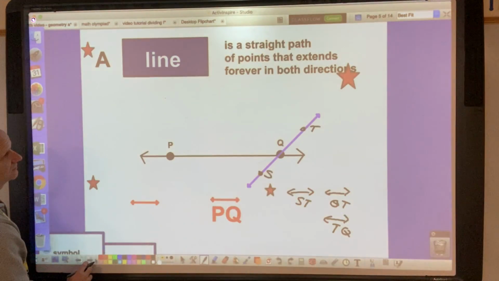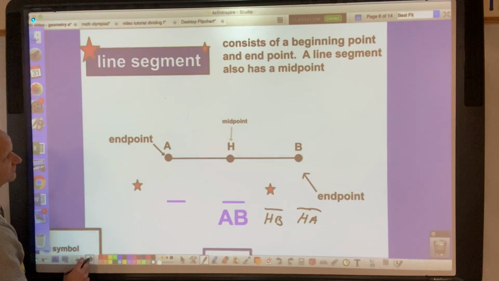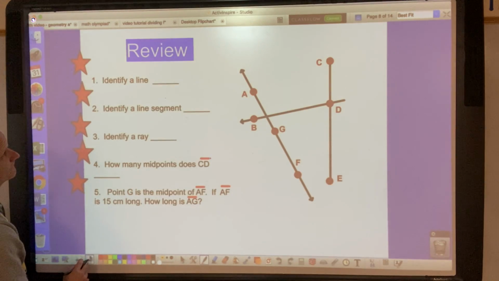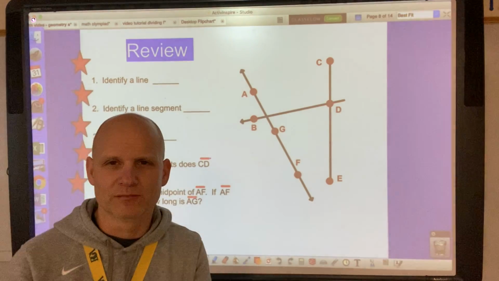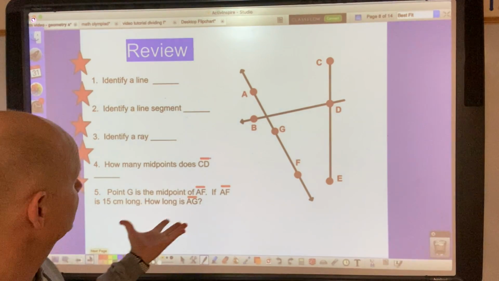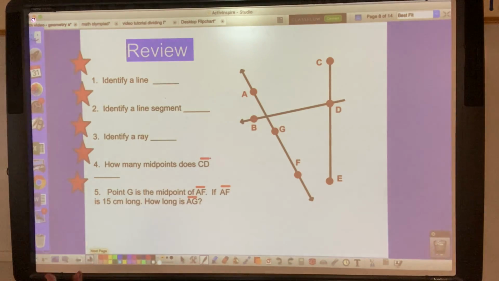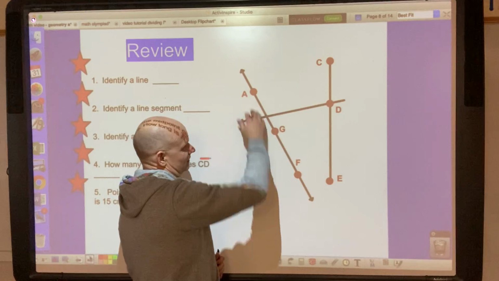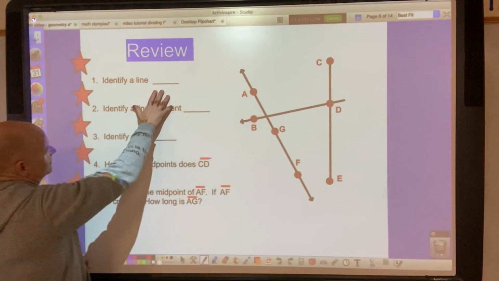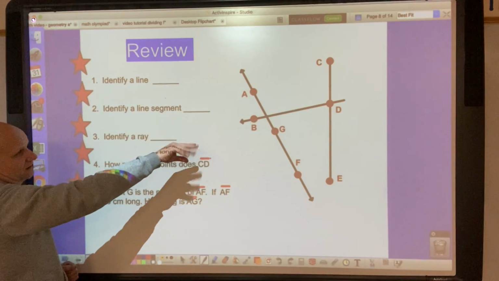And we are actually going to stop there. Now what I want you to do, sorry, I got a little ahead of myself. Now just press pause and answer these 5 questions. I've got a diagram over here with a line segment, a line, and a ray, and I want you to identify a line from this diagram.